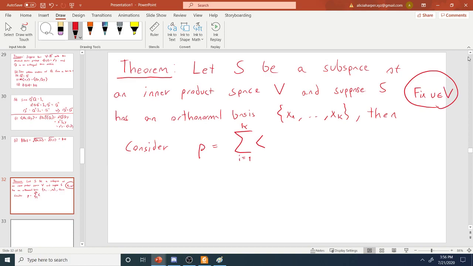And so I'm going to define P as follows. What I'm going to do is I'm going to take my vector u, take the inner product with xi, and then multiply it by the vector xi.